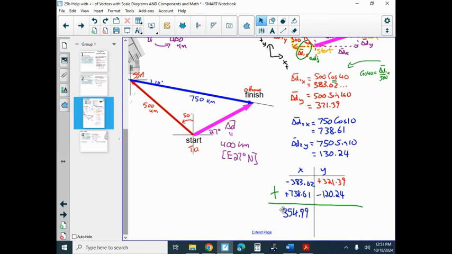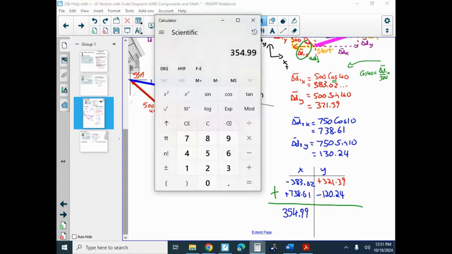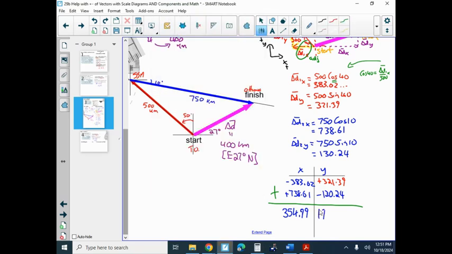And the other one, we need to do the 321.39, take away 130.24, equals grand total there of 191.15.